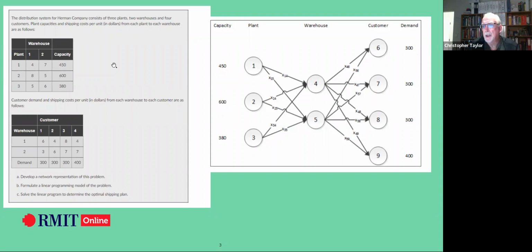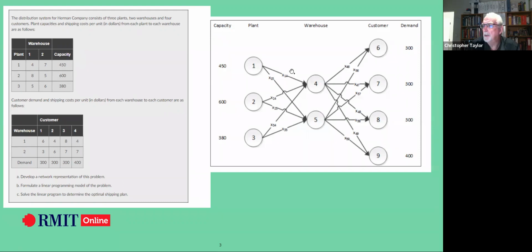This was basically the problem: we've got plants 1, 2 and 3, warehouses 1 and 2, and then customers 1, 2, 3 and 4 across there. And then we have some constraints like capacity of 450, 600, 380, and then constraints on demand.